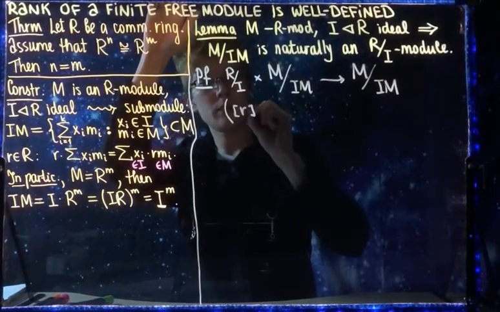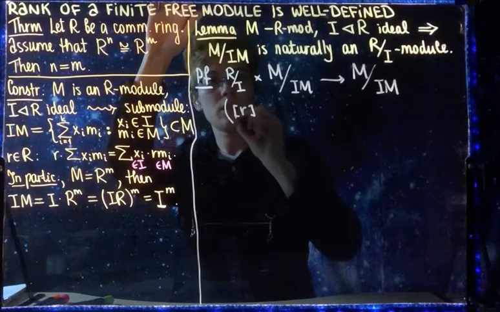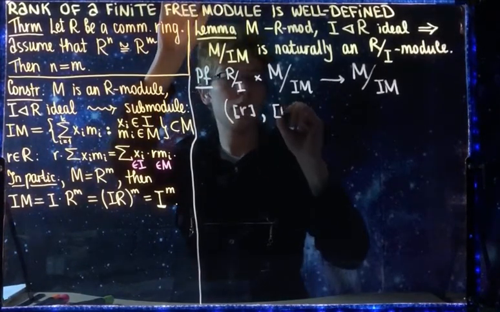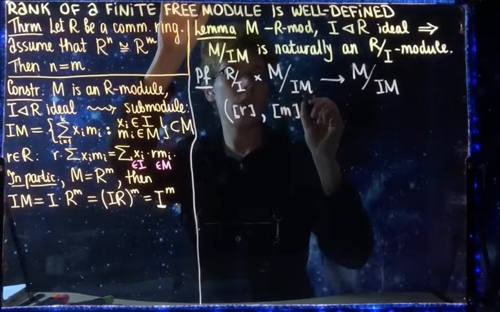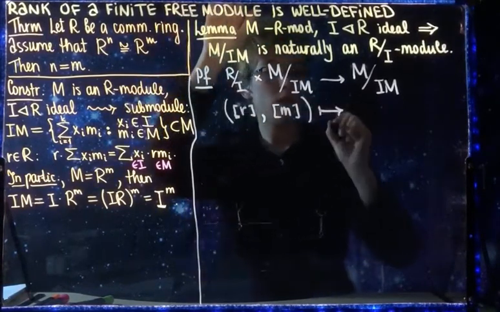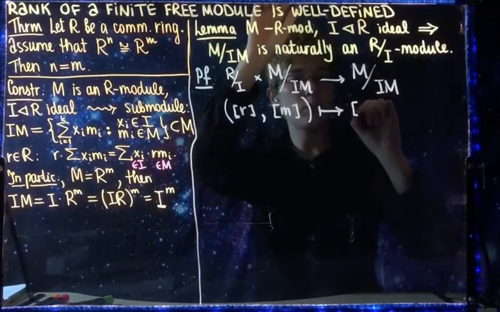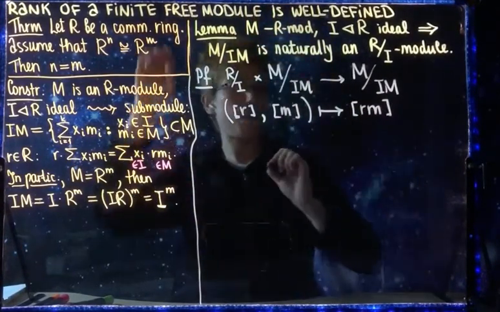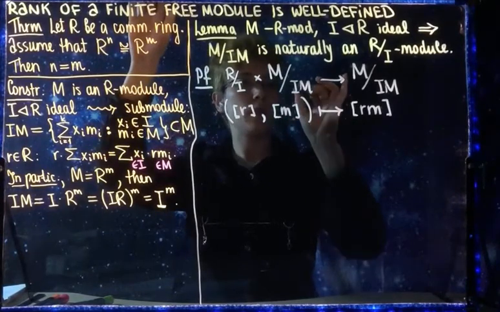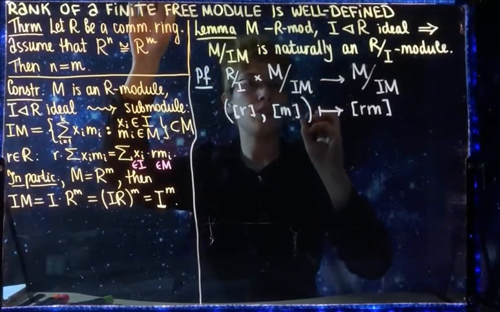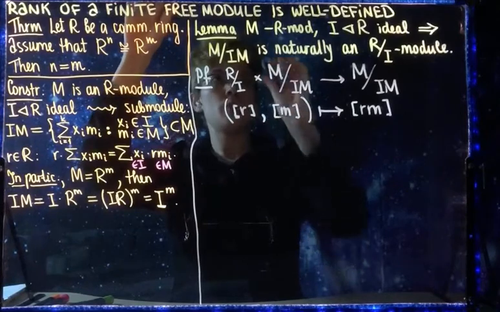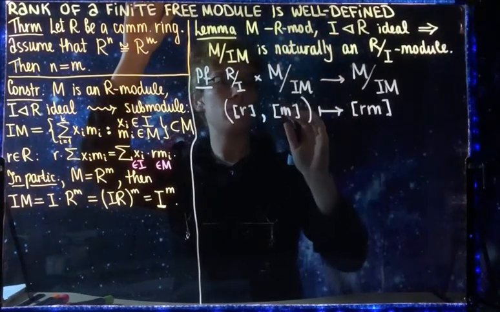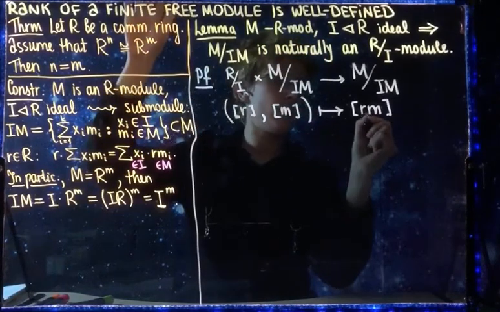So I take an element represented by r in the quotient ring and an element represented by m in the quotient module, and I send it to the element represented by rm here. And so if this is well defined, this defines the structure of a module because we assume that M is an R module, and so the axioms of the module would naturally follow from this formula.